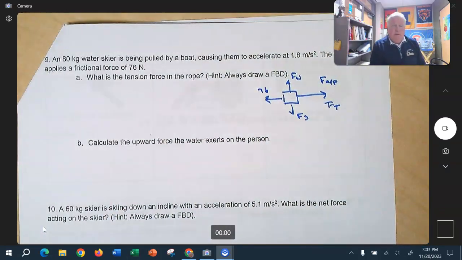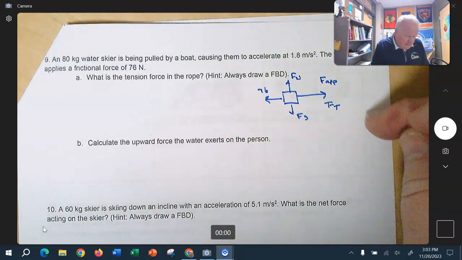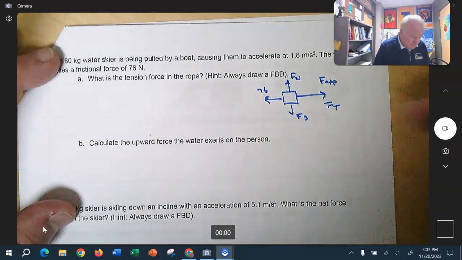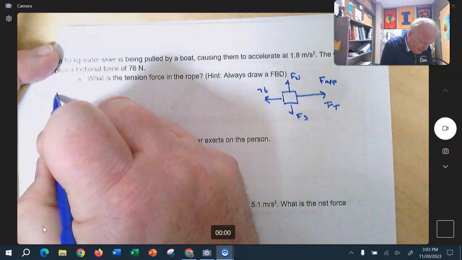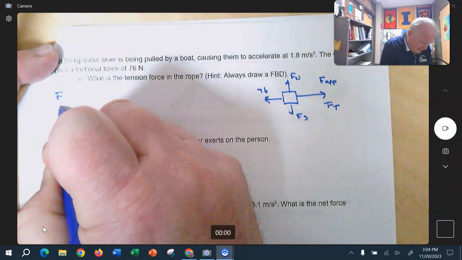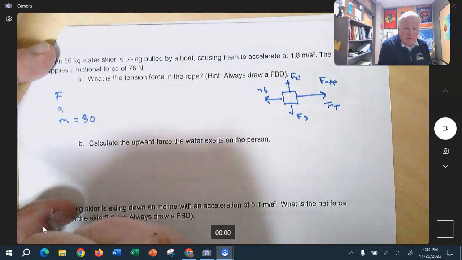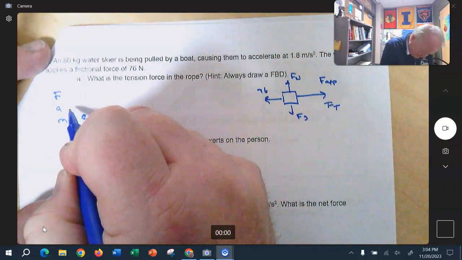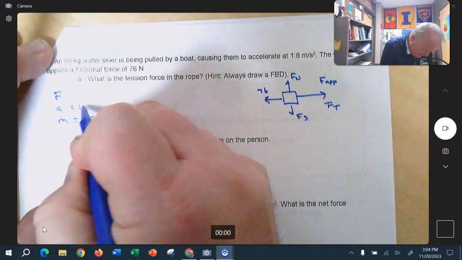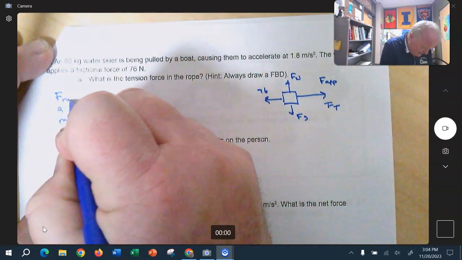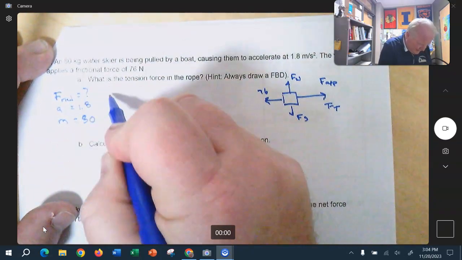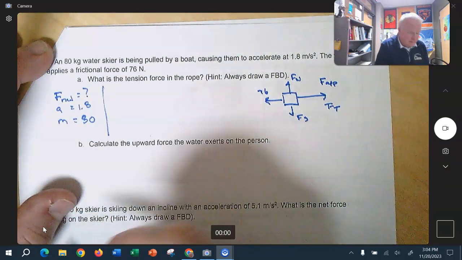All right. So how do we go about finding the tension? Well, if we put in the information F, A, and N, they told us that there's 80 kilograms. They told us that she's accelerating at 1.8. Remember that we can always find F net with that equation.